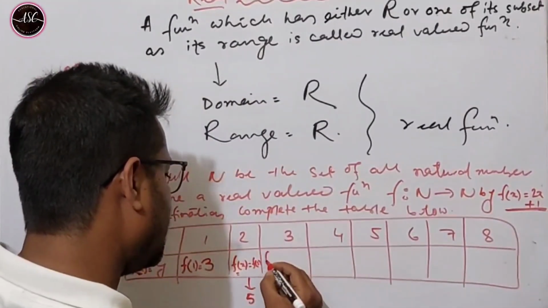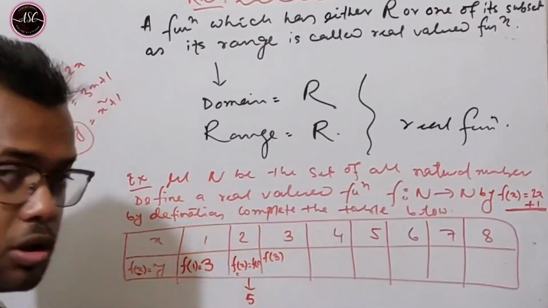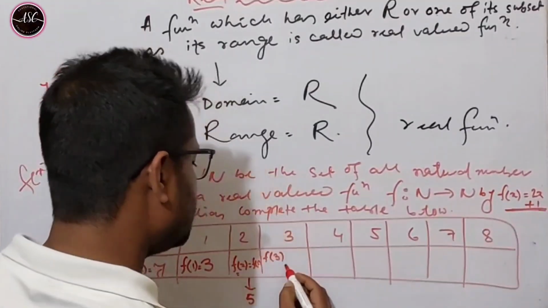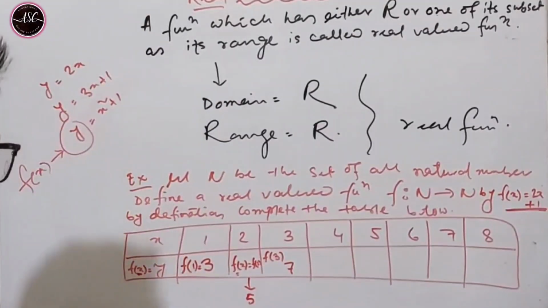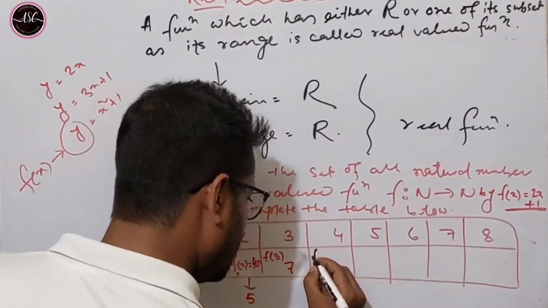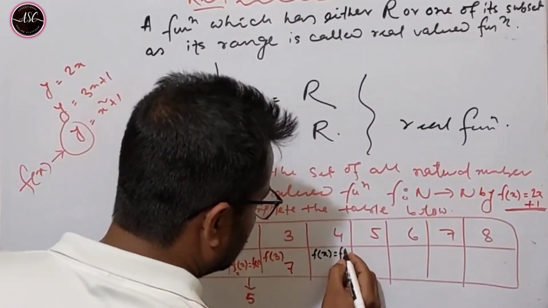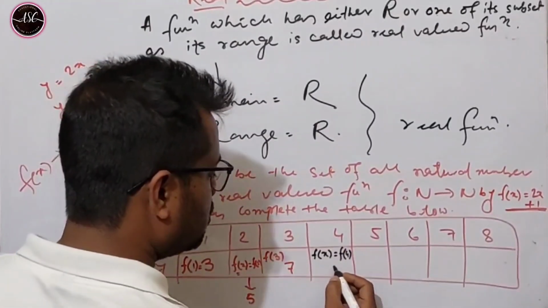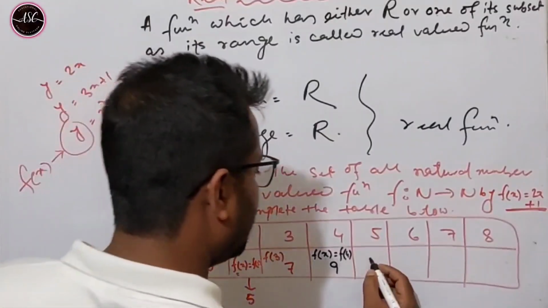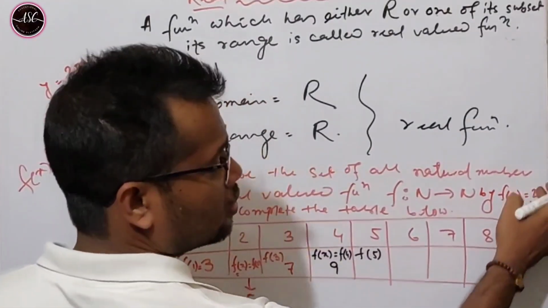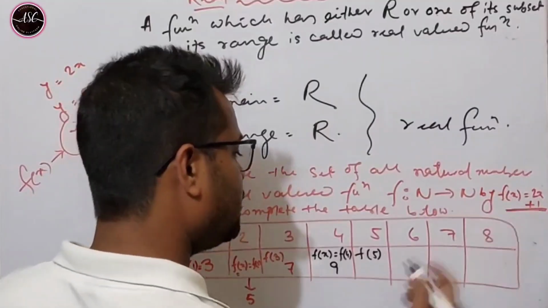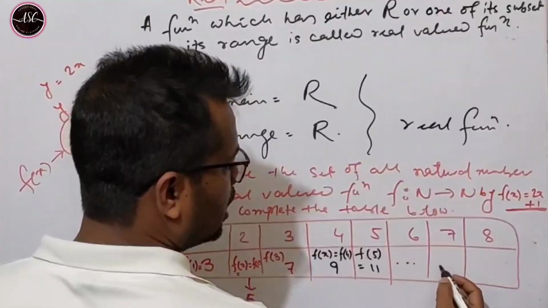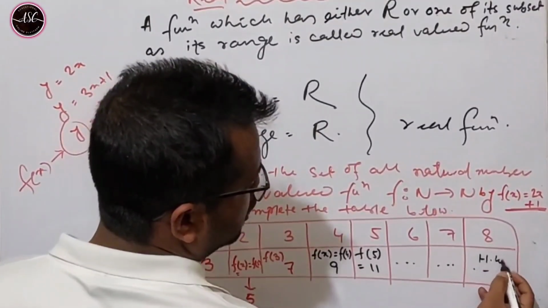Okay, then f(3), if we put x equal to 3, then the value of f(3) equal to 7. Okay, if we put x equal to 4, then we get y equal to 9. Okay, then f(5), just put 5 in place of x, then we get f(5) equal to 11, and so on. This is your homework.